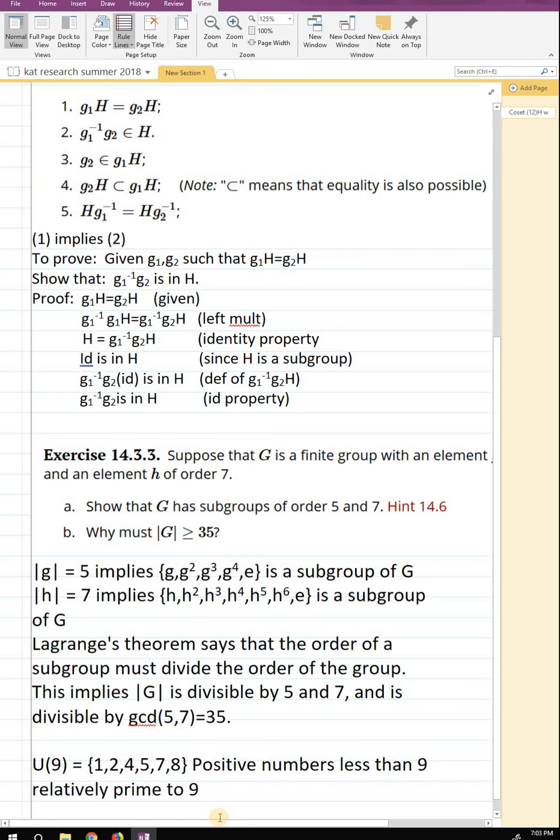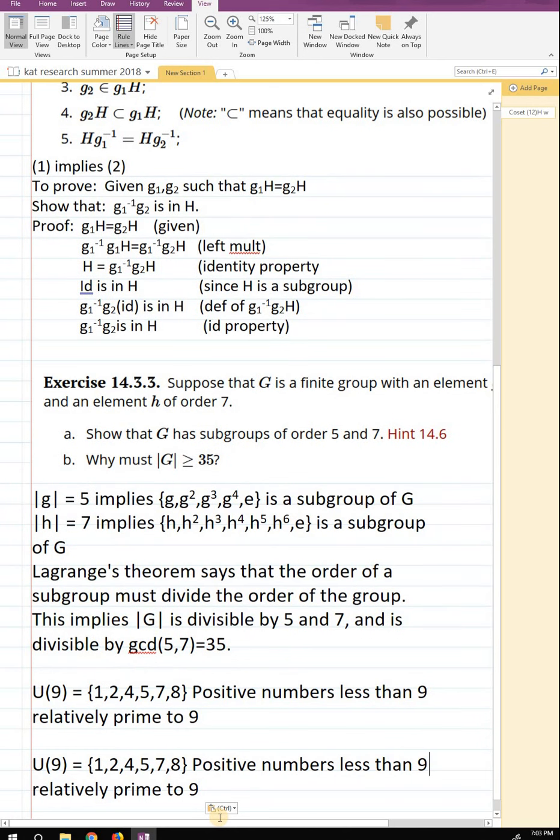All right, now I can just replace the 9 with an n. That's true for any n. Of course, I can't say 2 is there, so I'll just say 1 dot dot dot. So positive numbers less than n, relatively prime to n.